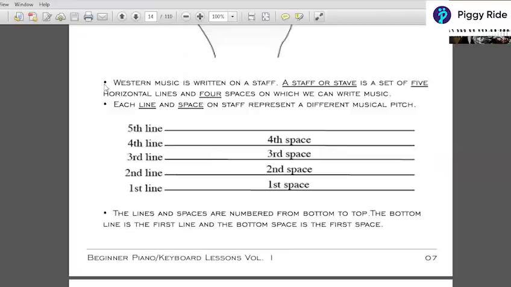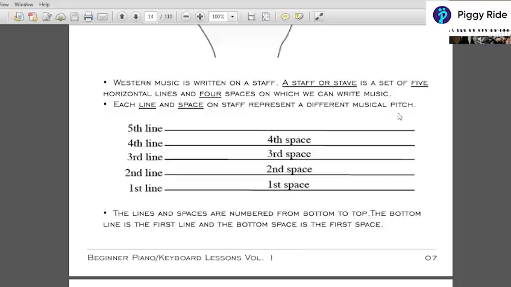In the beginning, Western music is written on a staff. A staff or a stave is a set of five horizontal lines and four spaces on which we can write music. Each line and space on the staff represents a different musical pitch. So what is a musical pitch? If we are playing any key on the keyboard, this is a different musical pitch.